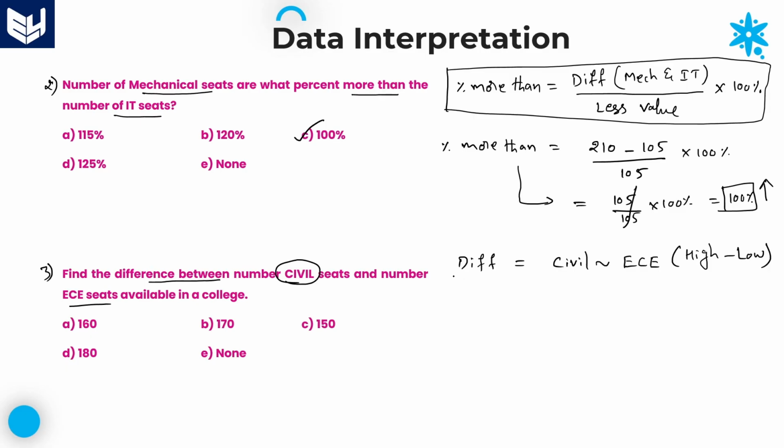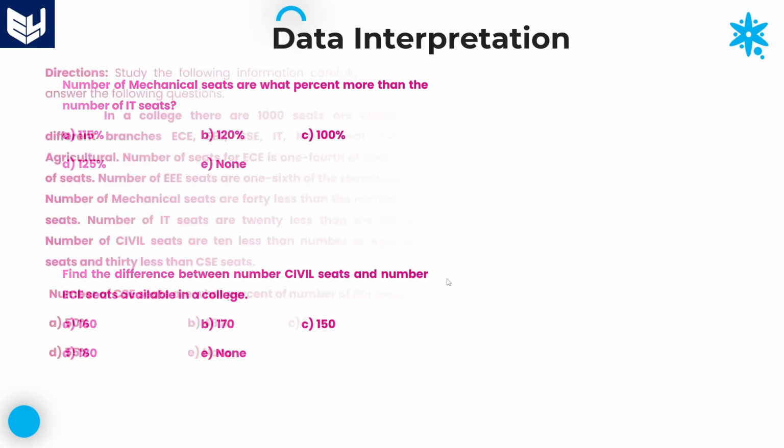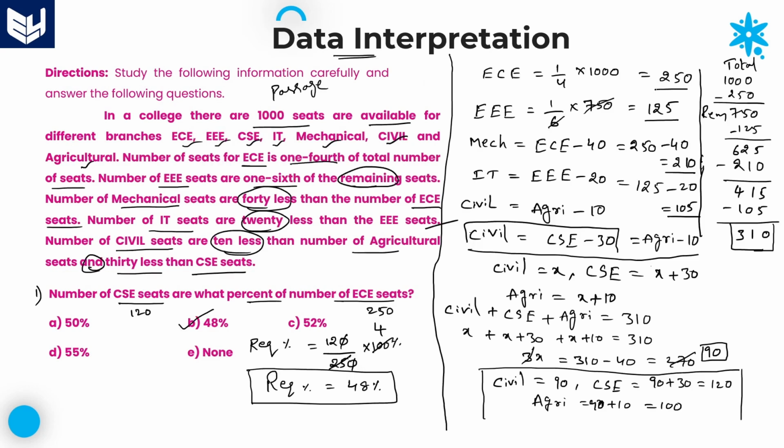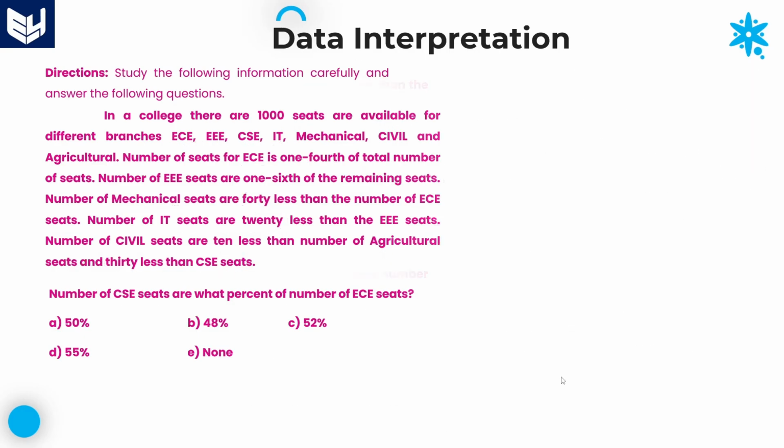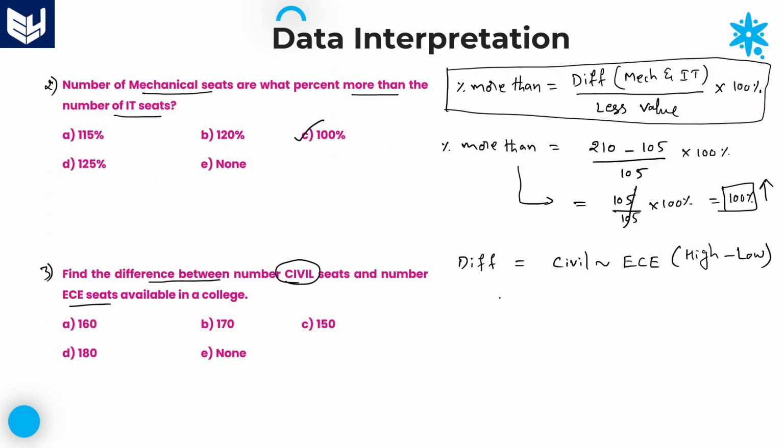Going back to the previous slide, the ECE value is 250 and the civil value which we got is 90. So 250 and 90 is the difference we need to calculate.